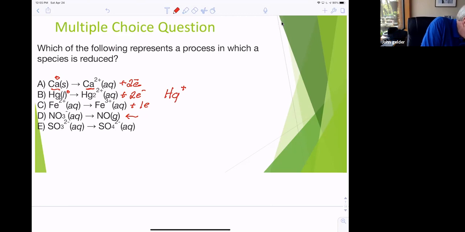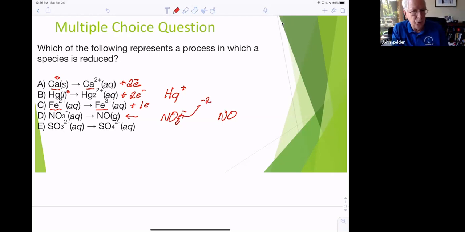And then it's very obvious for the ions in the third case, Fe2+ and Fe3+. But now when we get down to nitrate ion and NO, it becomes a little more complicated, because we have to remember, in the listed rules, that oxygen in its chemistry generally has an oxidation number of -2.